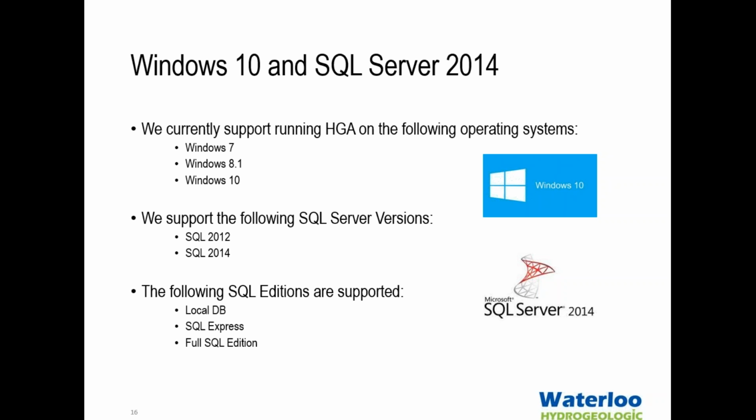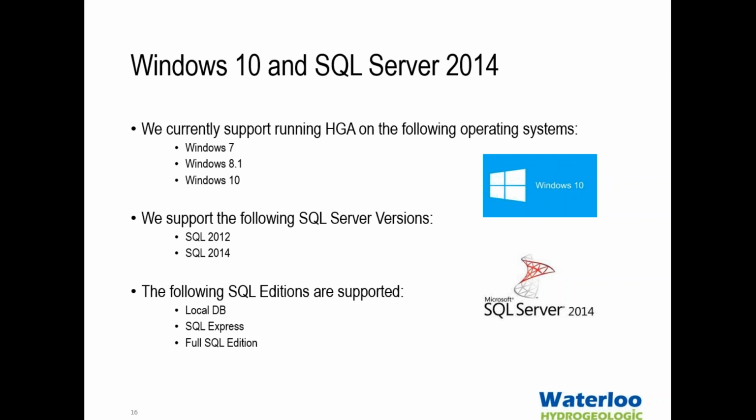We also support, same as previously, the local DB edition of SQL, as well as SQL Express and the full-fledged SQL Server. When you install HGA, the SQL Server 2014 local database is installed along with HGA. This allows you to get started very quickly. You have the option to work on your own local database.